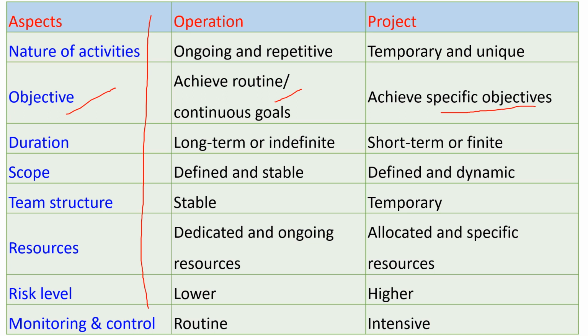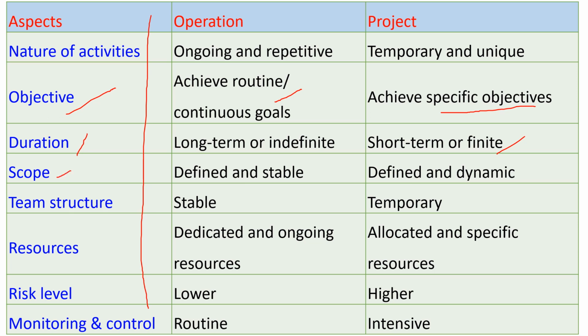With regard to the durations, an operation has a long-term or indefinite period of time. An organization has indefinite existence, so there is a long-term or indefinite time period, whereas in the case of a project, there is short-term because it is temporary, there is an ending and starting time.